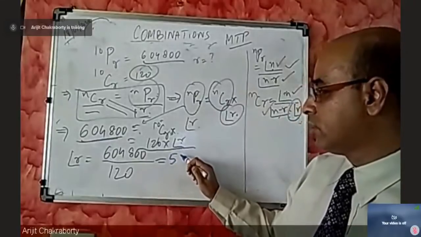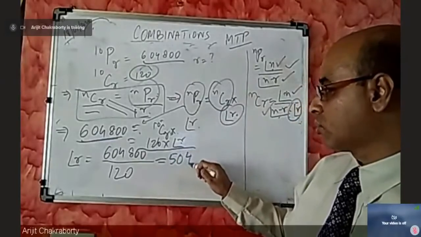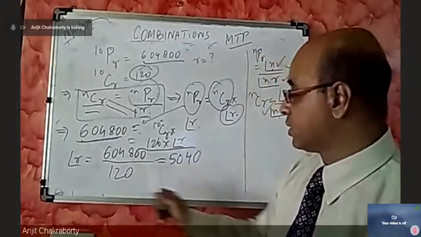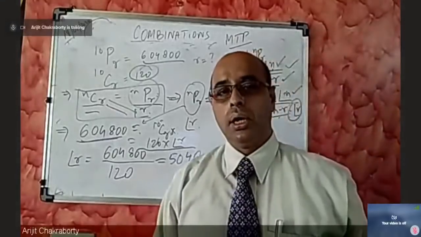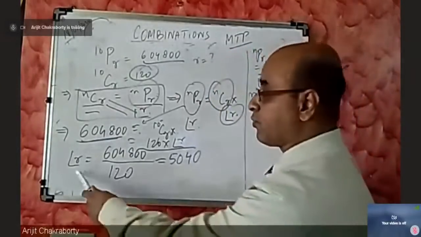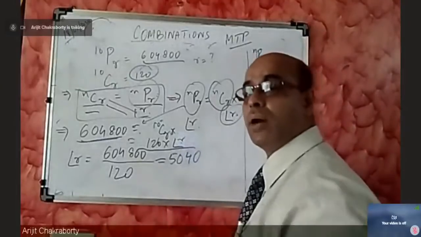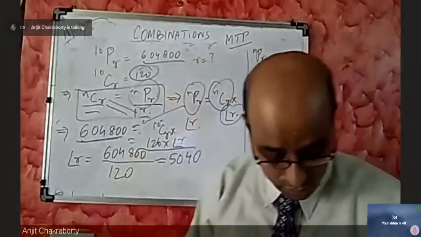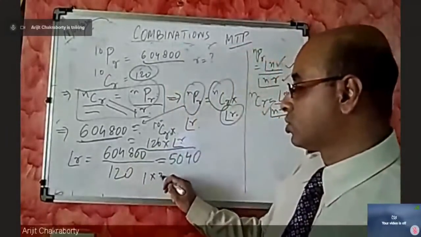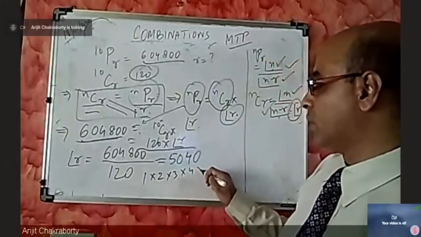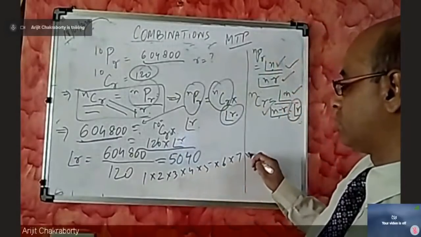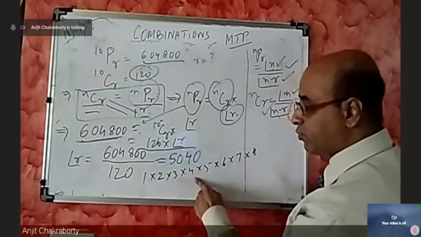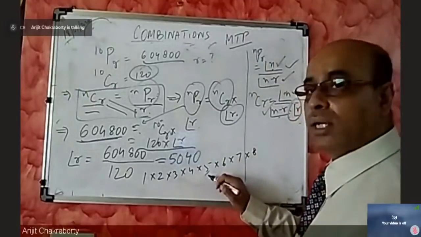5040. So you get r factorial is equal to 5040. How to find r? If you have r factorial as 5040, you have to go on multiplying to see what r is. So let us use a calculator and see. 1 into 2 into 3 into 4 into 5 into 6 into 7. 1 2s are 2. 2 3s are 6. 6 4s are 24. 24 into 5 is 120.